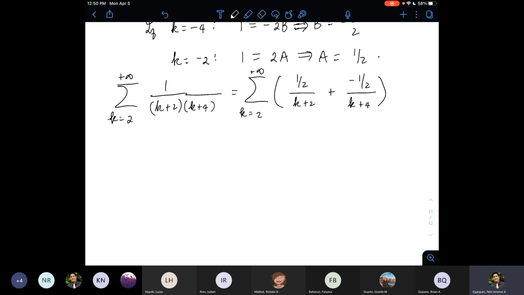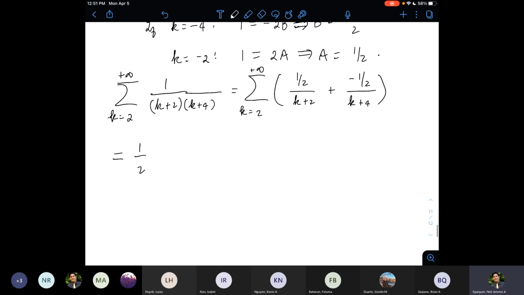Okay, good. It's already time, so I need to pick up the pace here. But essentially, that's the process, partial fraction decomposition. Then I will factor the 1/2 out. There's a 1/2 here and also a 1/2 here. I can factor it all the way out of the summation. So we'll be left with 1 over k plus 2 minus 1 over k plus 4.